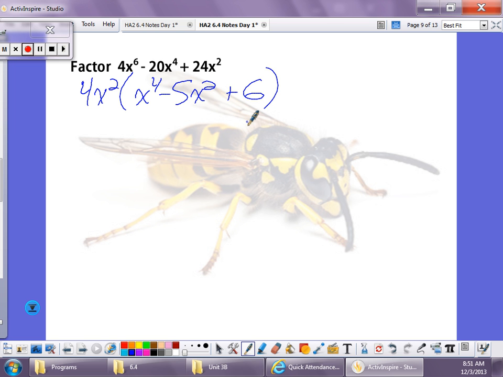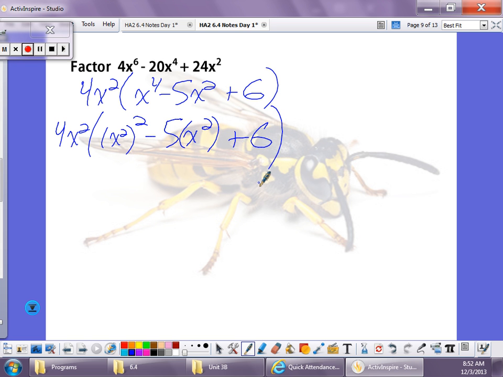Okay? So now, if we look at this structure here, this is the quadratic on steroids. It goes 4, 2, 0. So if we were to look at this, you'd have x squared squared, that equals x to the 4th, minus 5x squared, plus 6. So if you think of x squared as just x, this is a quadratic. And we're going to factor it as if it were a quadratic. All right, so from here, we're just going to do the ACB method.